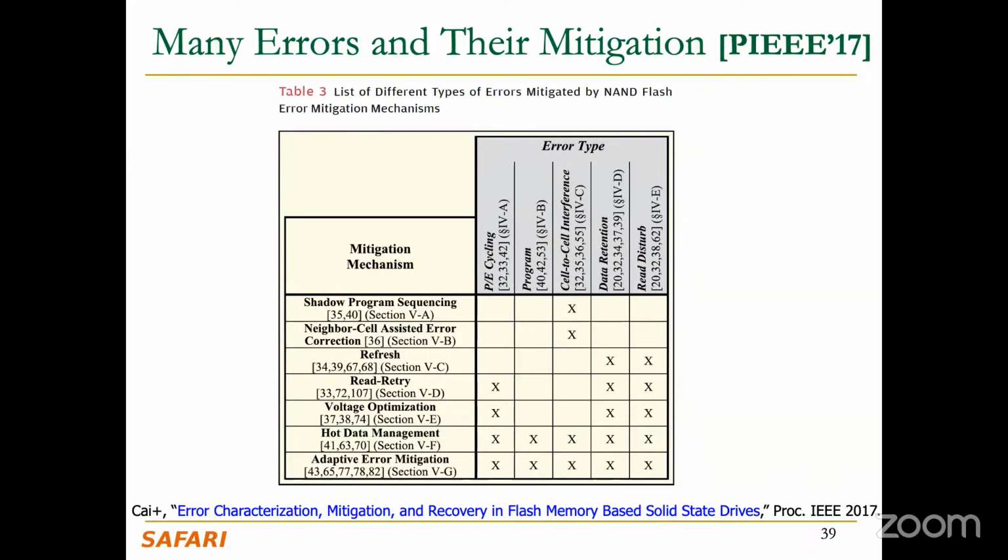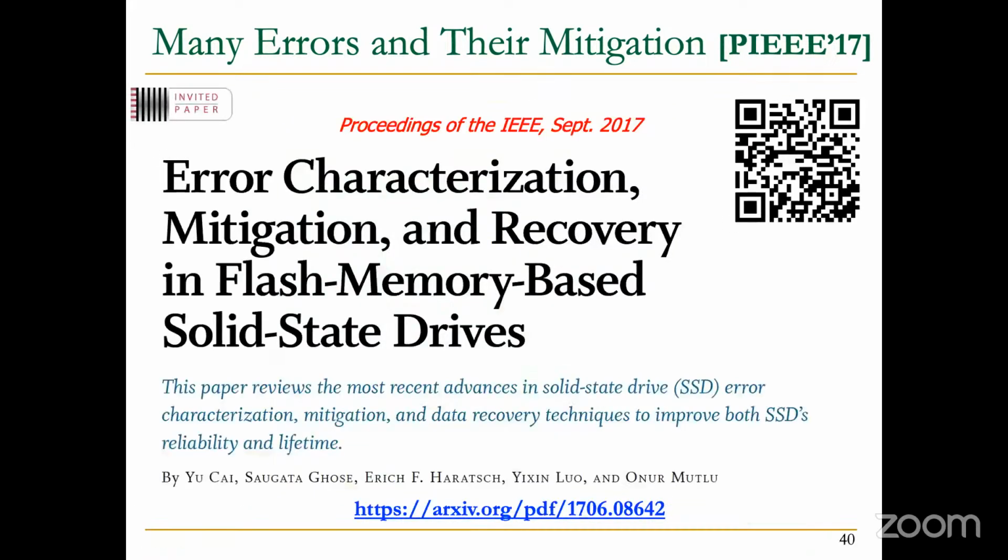We need to understand the sources of error so that we can intelligently fix them, along with the different techniques that people developed to resolve these errors. We're not going to see all these techniques in detail in today's lecture, but we're going to cover some of them.